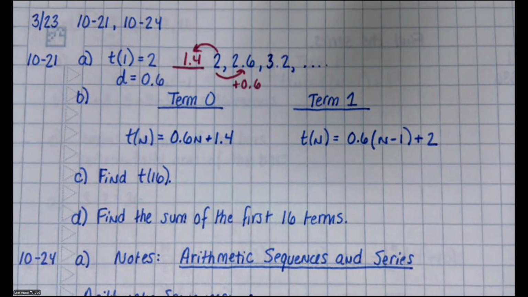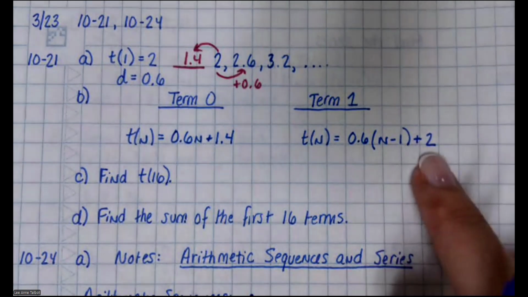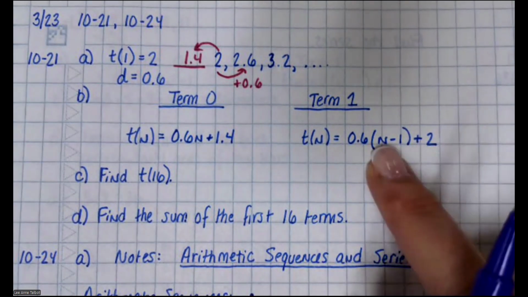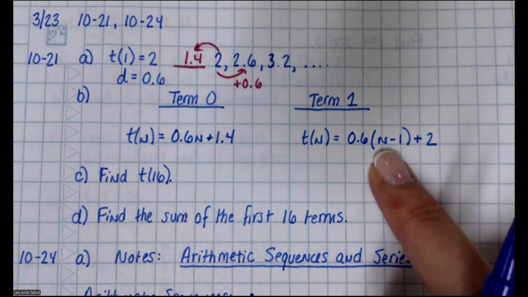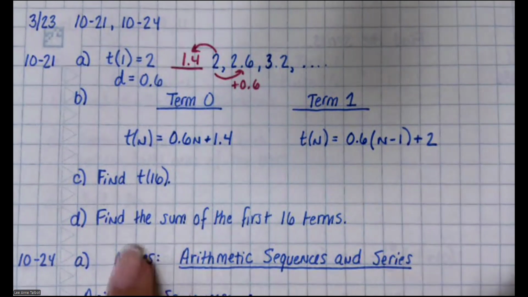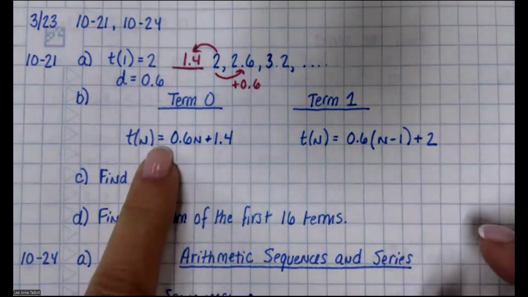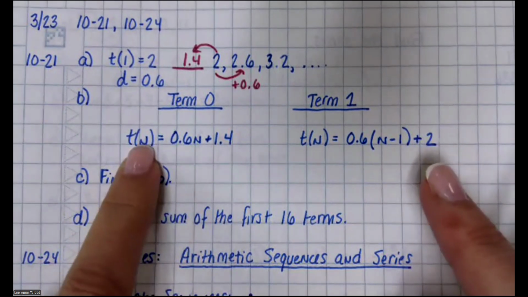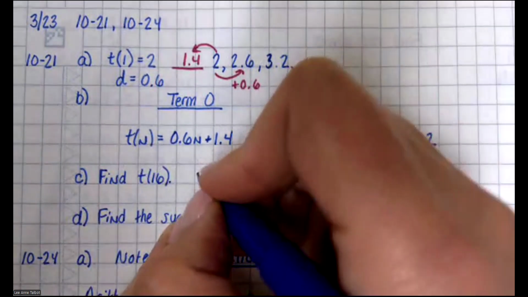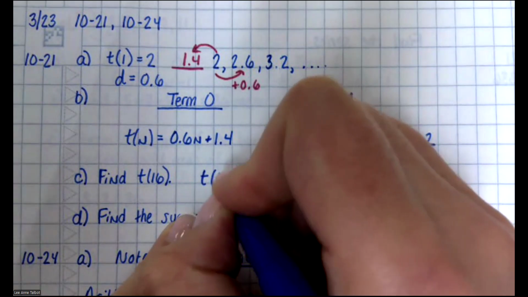Okay, so what changes when you do term 1? Well, this becomes term 1, but to compensate for that, you have to back up your n by 1 spot. Now it says find term 16. You could plug it into either one. I'm going to choose this one because it's already simplified.